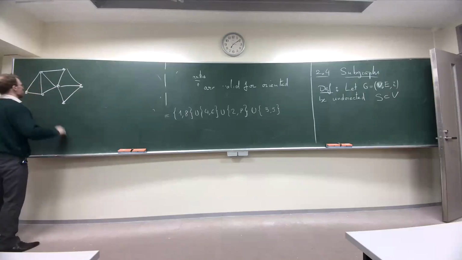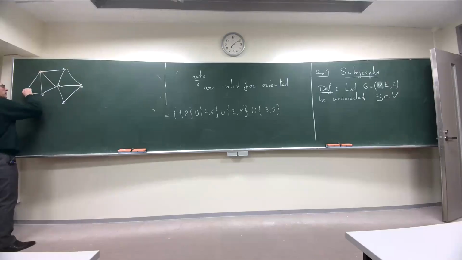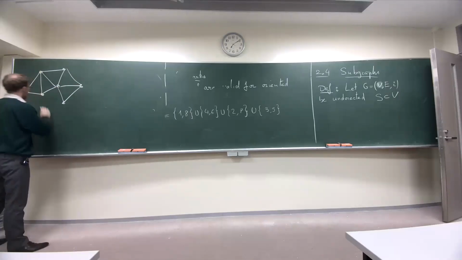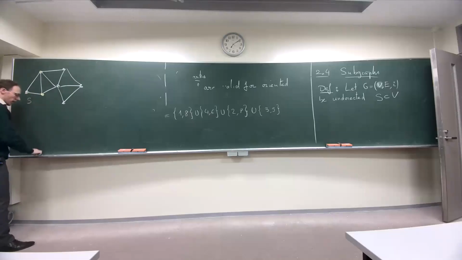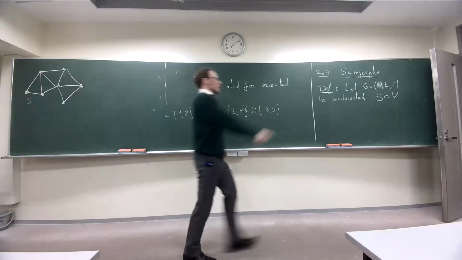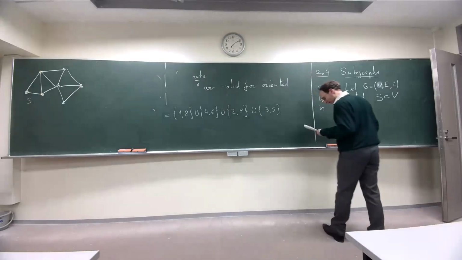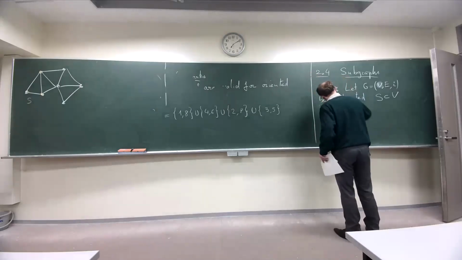I'm going to take a subset, let's say this one. So these yellow ones are S. A subset S of V is a clique.